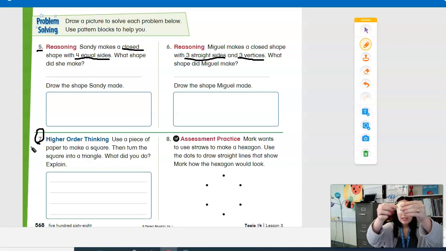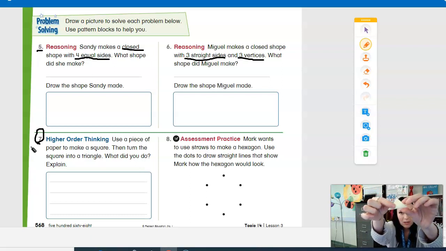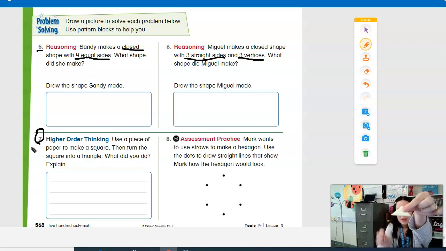What if I fold it diagonally, which means across? Oh my goodness! Look, there it is! We made a triangle! All I did was take my square and fold it diagonally, and that gave me a triangle. So there's 1, 2, 3 vertices and 3 sides.